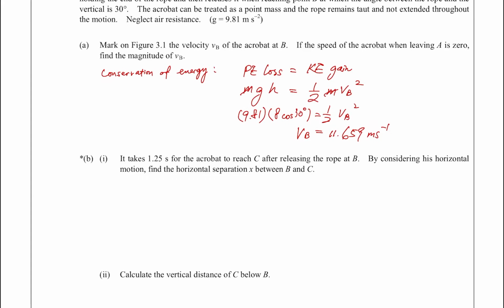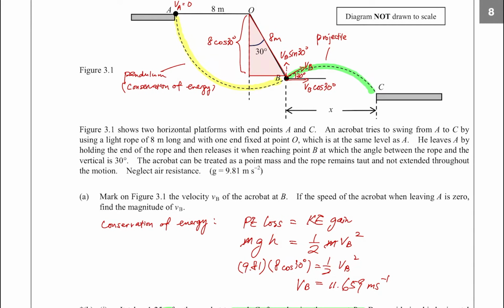For part B, it is told that it takes 1.25 seconds for the acrobat to reach C after releasing the rope at B. That means, if we take point B as the start, t would be equal to 1.25.